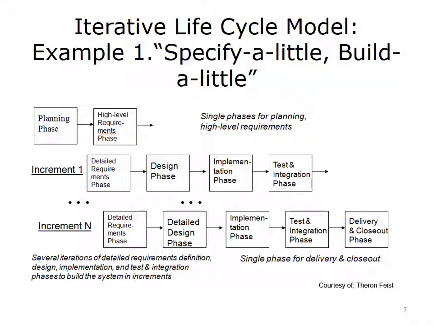Guided by the high-level requirements, you would take your first increment as providing more detail for a set of those requirements. And then, for those specific requirements you've identified in increment 1, you would design a system that will really deliver on those requirements, and then proceed to an implementation and test phase, and so on.